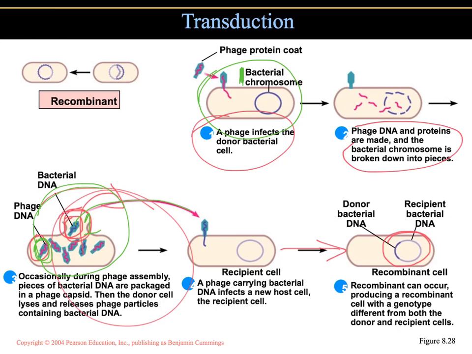And then when it gets released, here's this phage with the DNA from bacteria number 1, now getting that DNA injected into a new cell. Let's call this bacteria number 2. So bacteria number 2 now has a little piece of number 1's DNA incorporated into its chromosome. And now this is considered a recombinant.